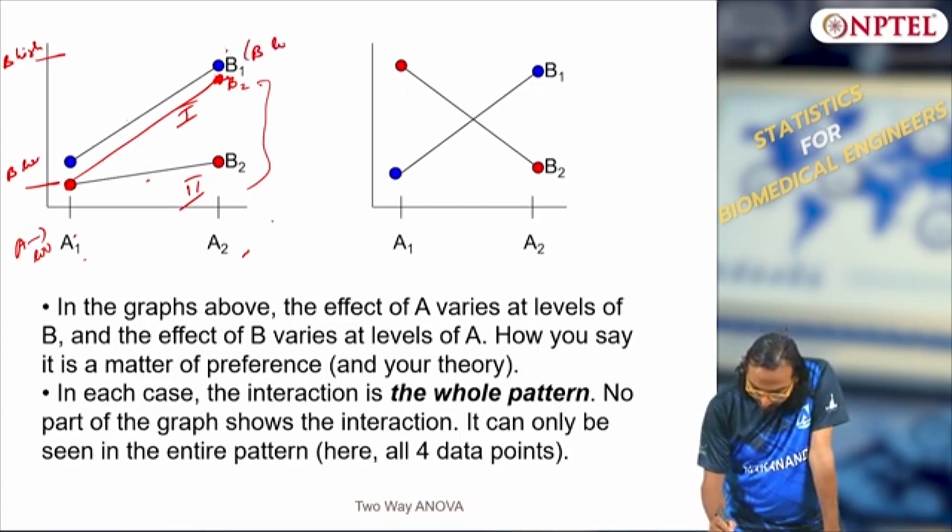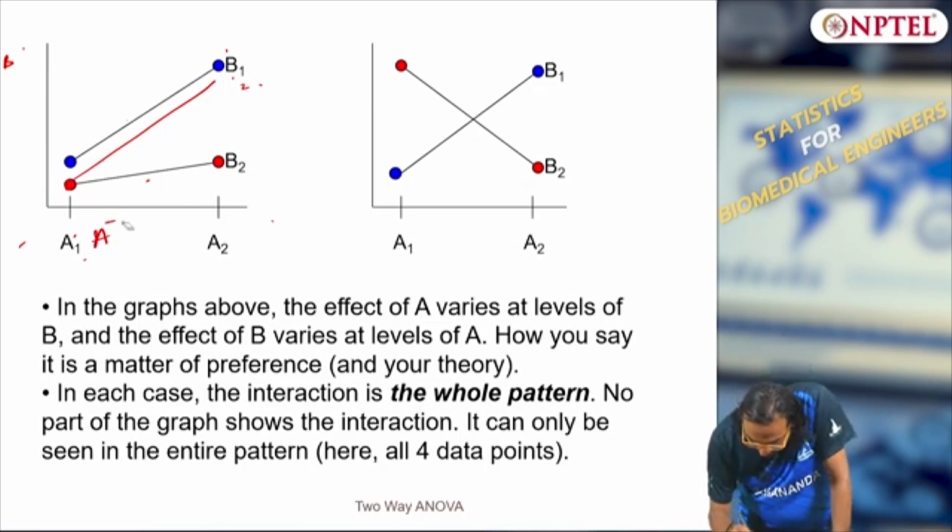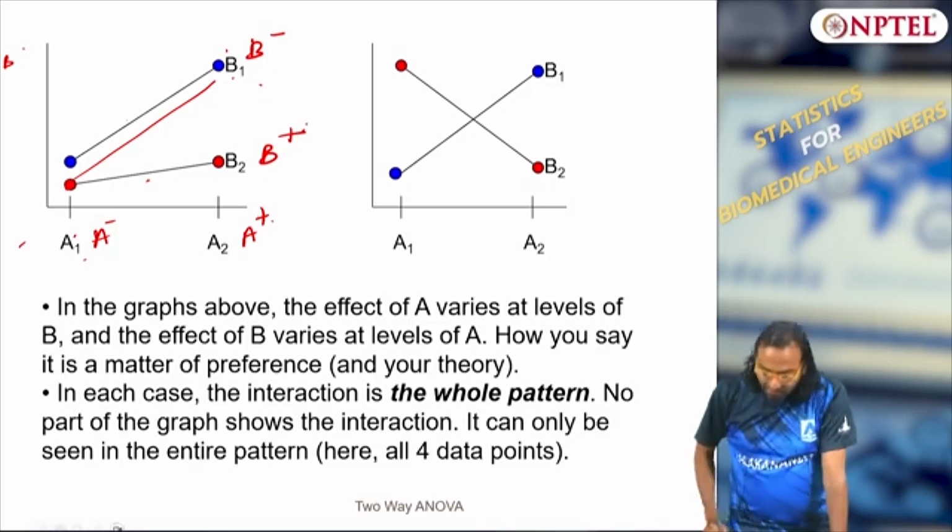B1 is B low. Instead, I will write it as A positive, A negative, that way it is easy. A positive, B negative, so B1 is B negative, B2 is B positive.